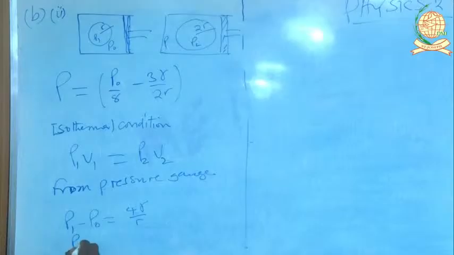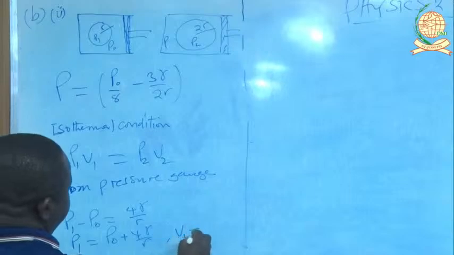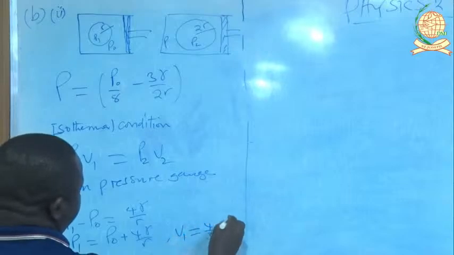So P1 is equal to P0 plus 4 gamma over r. Likewise, its volume is equal to 4 over 3 pi r cubed.